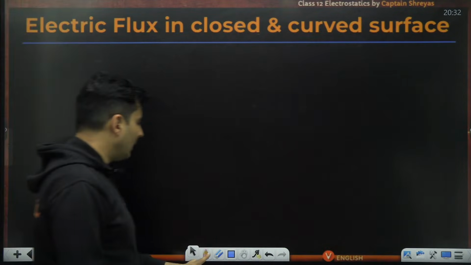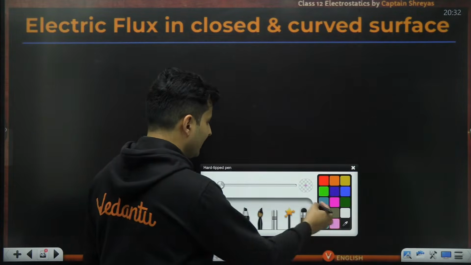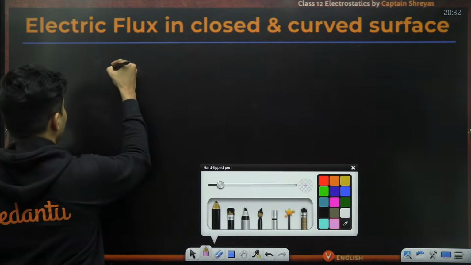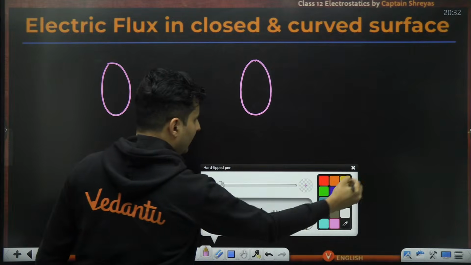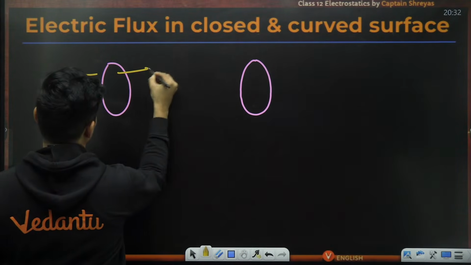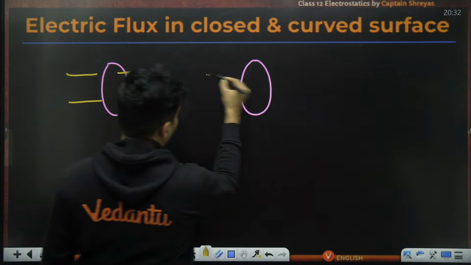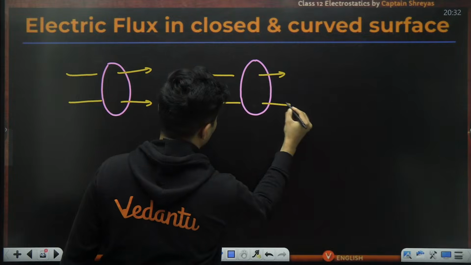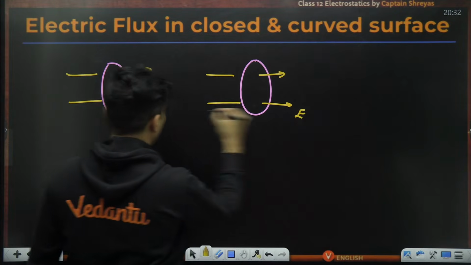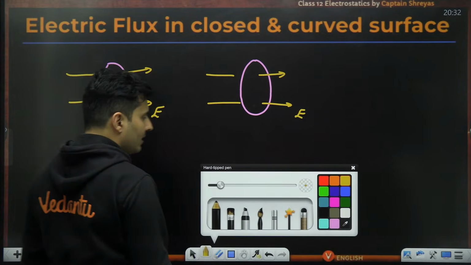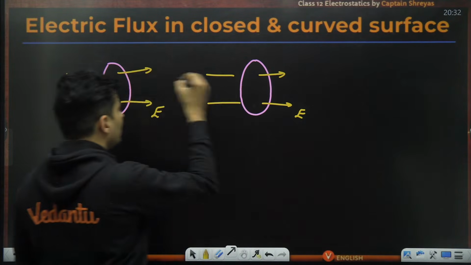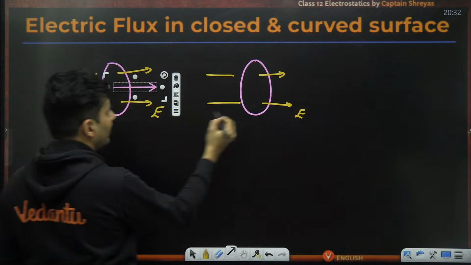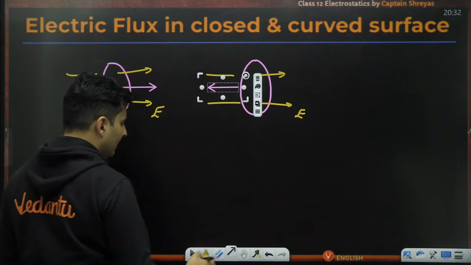Now, there is another doubt which many students ask. Sir, if I have some area like this, and let's say the field is going towards my right side, and you are saying the area vector is perpendicular to the surface itself, then I can draw the area vector here, and I can draw it like this also.